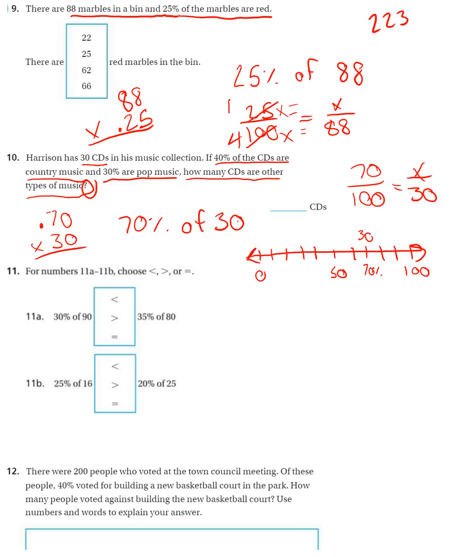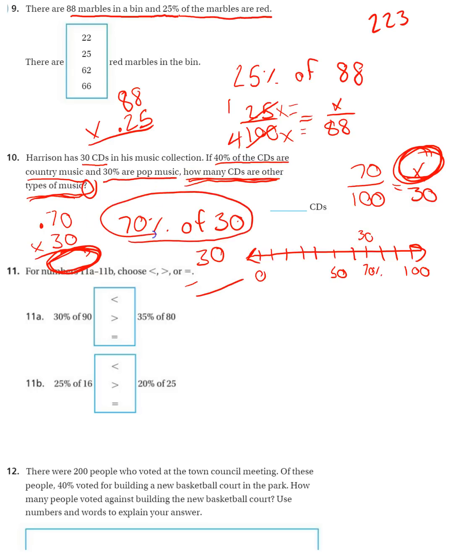Note though, I do want you to note, the question says how many CDs are other types of music. So once you get this answer, or this answer, you have to take 30 minus this answer, whichever strategy you use. And that will give you the difference, because it does say how many are other types of music.